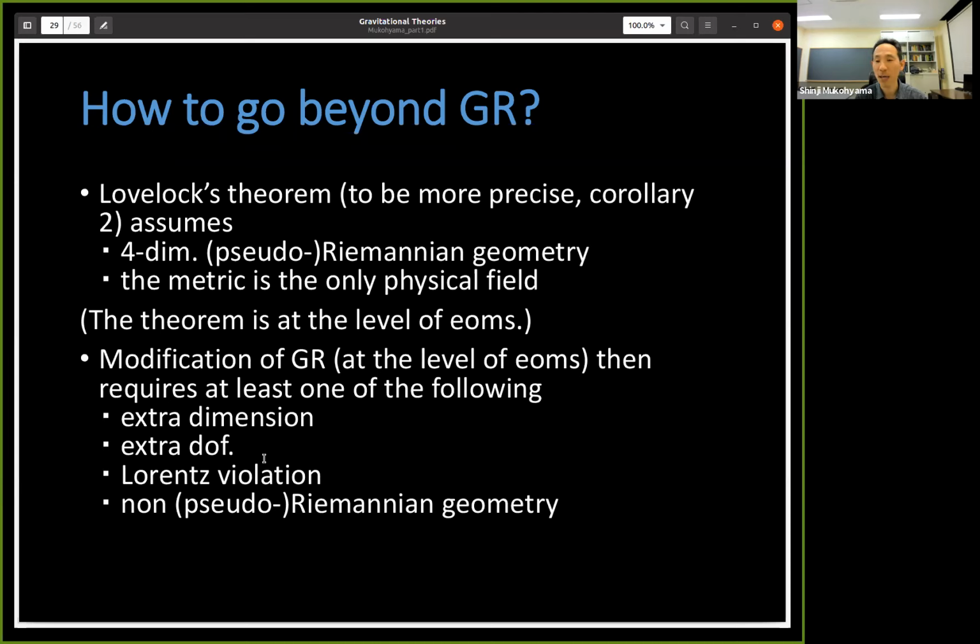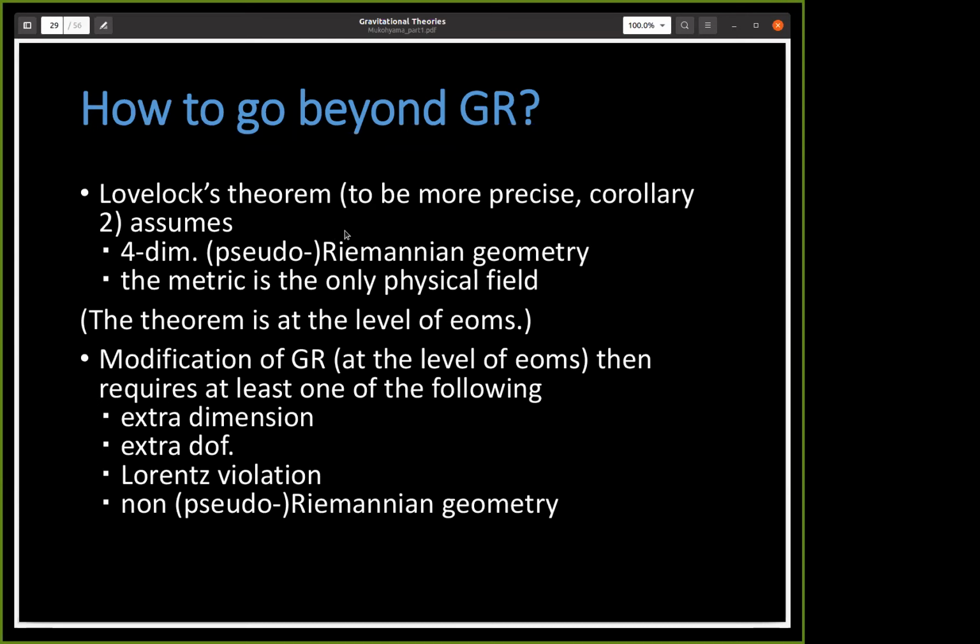But in the case of Einstein Gauss-Bonnet, if we choose this one, then the extra degree of freedom is infinitely strongly coupled, so the theory doesn't make sense. As far as I know, the only consistent one for Einstein Gauss-Bonnet is based on this violation. And because this is a theorem, we need to break an assumption.